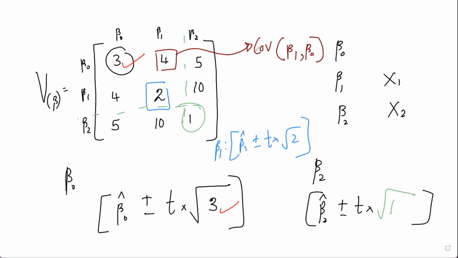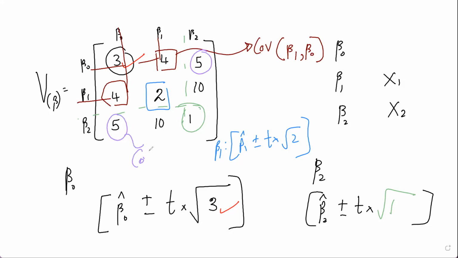I don't know whether you notice this is the same as this. Why? It's the covariance again between beta naught and beta 1. So these two have to be the same, right? If you take another one, this one and this one, they are the same.